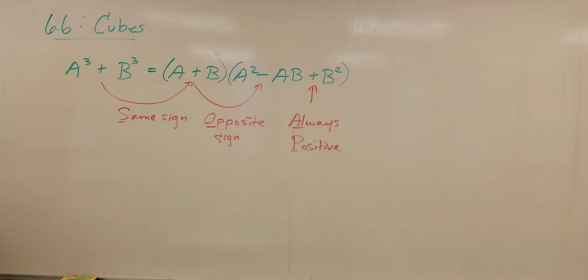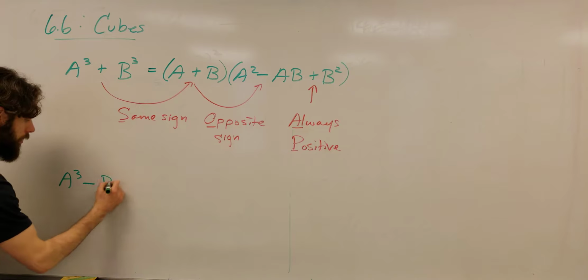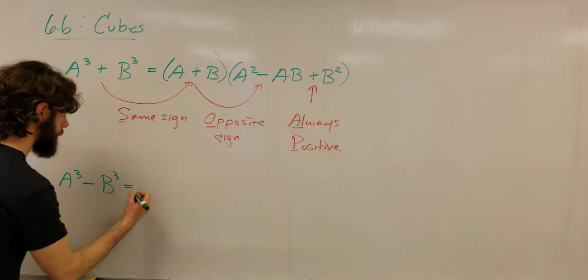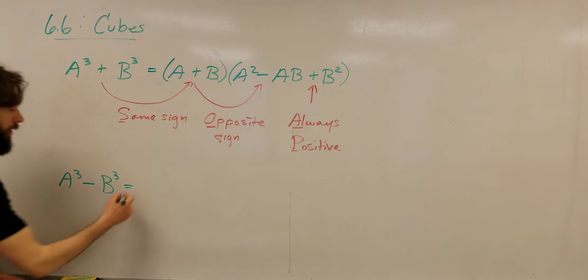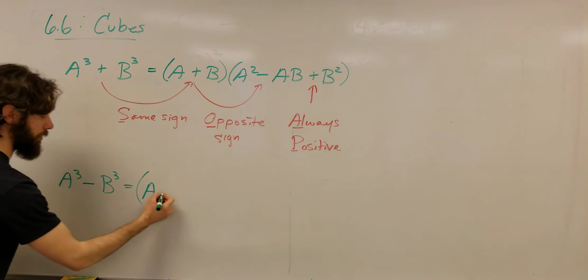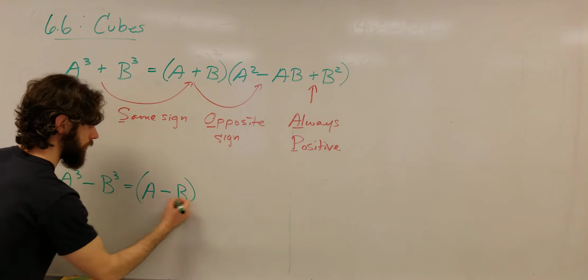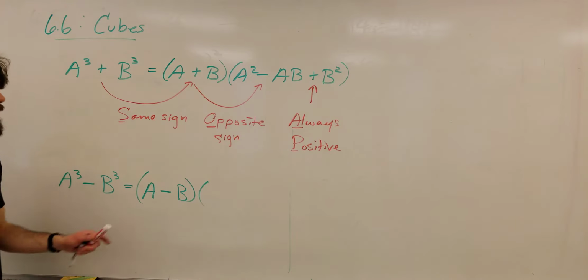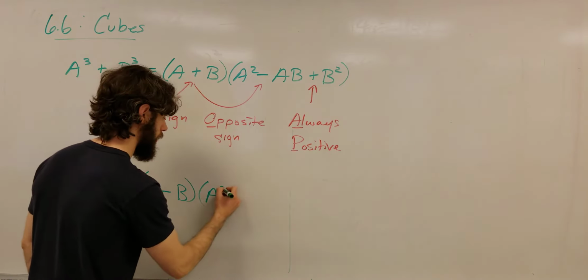And then it's actually the same thing for a cubed minus b cubed. So just going by that trend, it's going to be same sign, so a minus b, times, again, a squared.